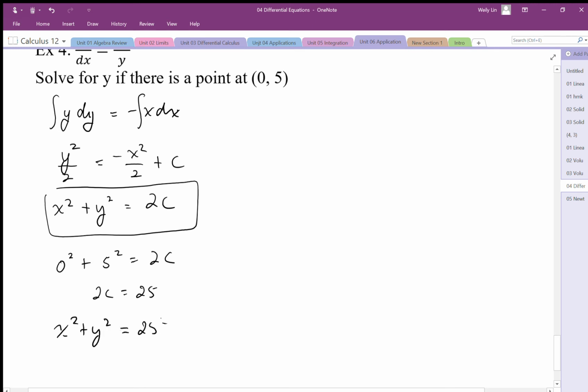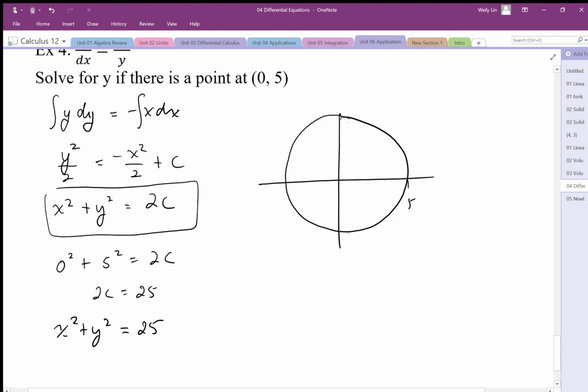Now the slope field that we draw for this looks like a whole bunch of different sized circles, and depending on the plus c, you're going to get all these different circles. So the solution is a circle with radius 5. It's going to go through (5, 0), (0, -5), (-5, 0) and (0, 5).